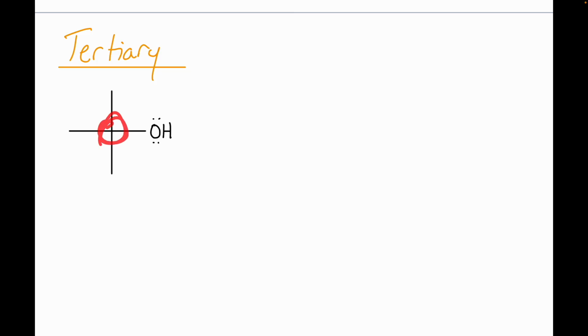If we go to a tertiary alcohol, it's actually a lot easier to substitute for a tertiary alcohol. First of all, you can't really use the thionyl chloride or the phosphorus tribromide because tertiary alcohols, that tertiary carbon is not really good for SN2 reactions because it's really crowded. It's not very easily accessible.